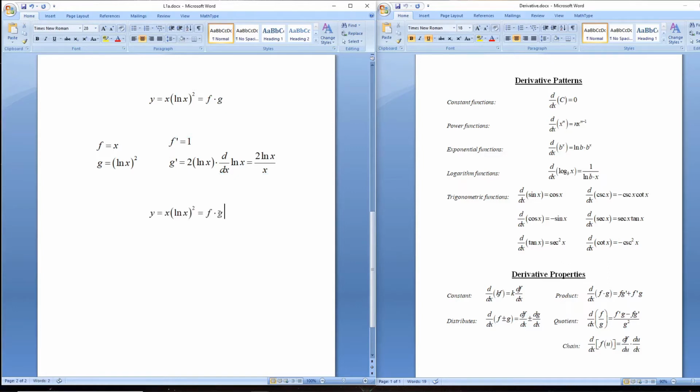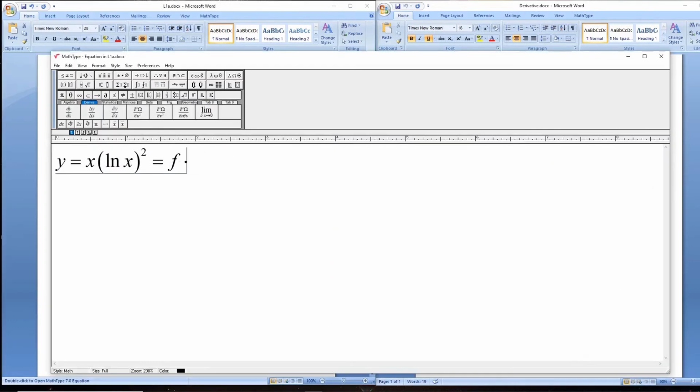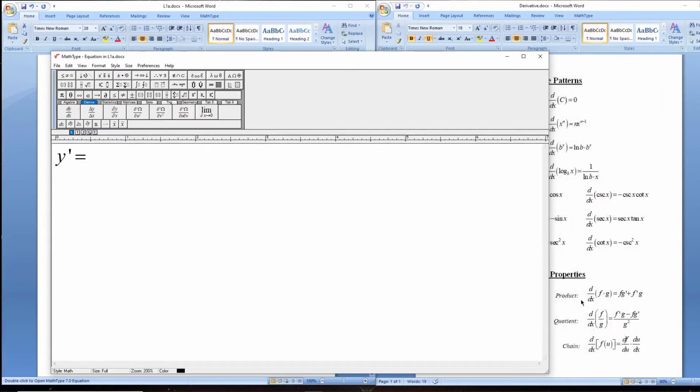And now using the product rule, which I have on the right here, we'll do f g prime plus f prime g. So for our derivative, let me see if I can show that again over here for the product, in case you want to see it right here.